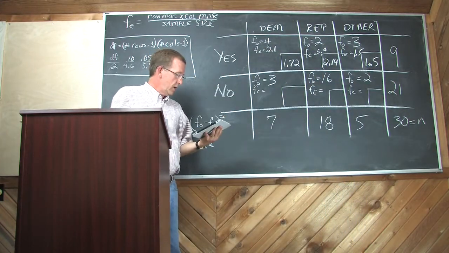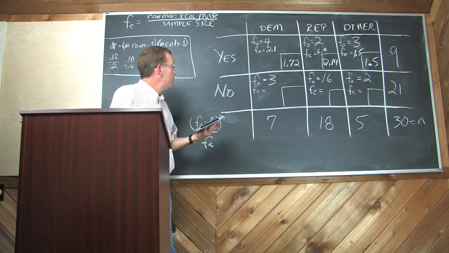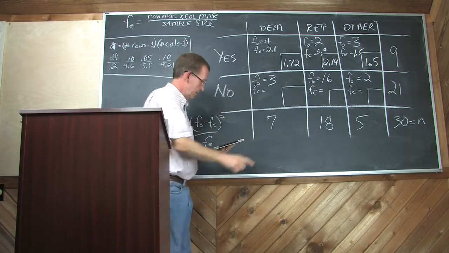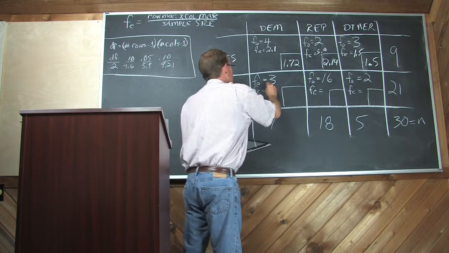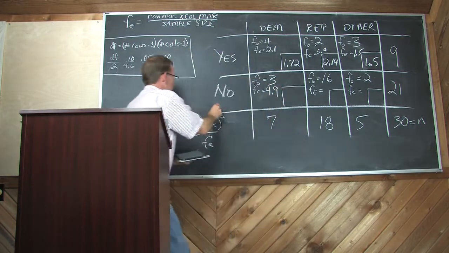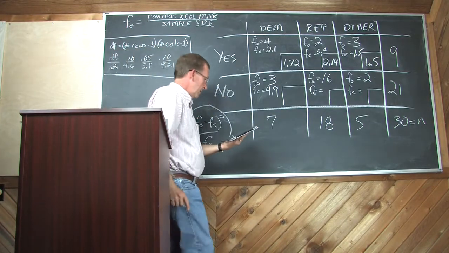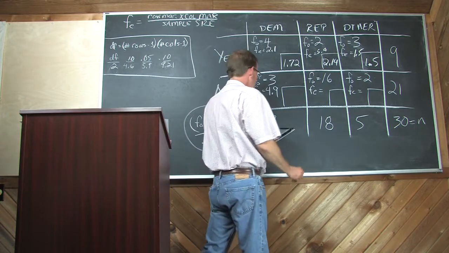Moving along to the no category. Here we have 7 times 9 divided by 30. That gives us 4.9. This calculation for this cell is very small, actually. It's 0.74.